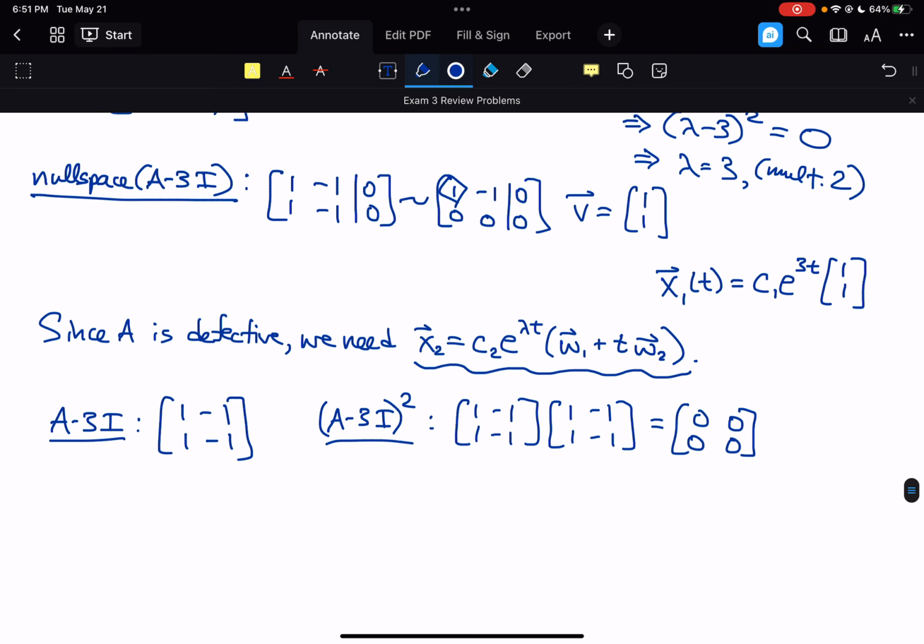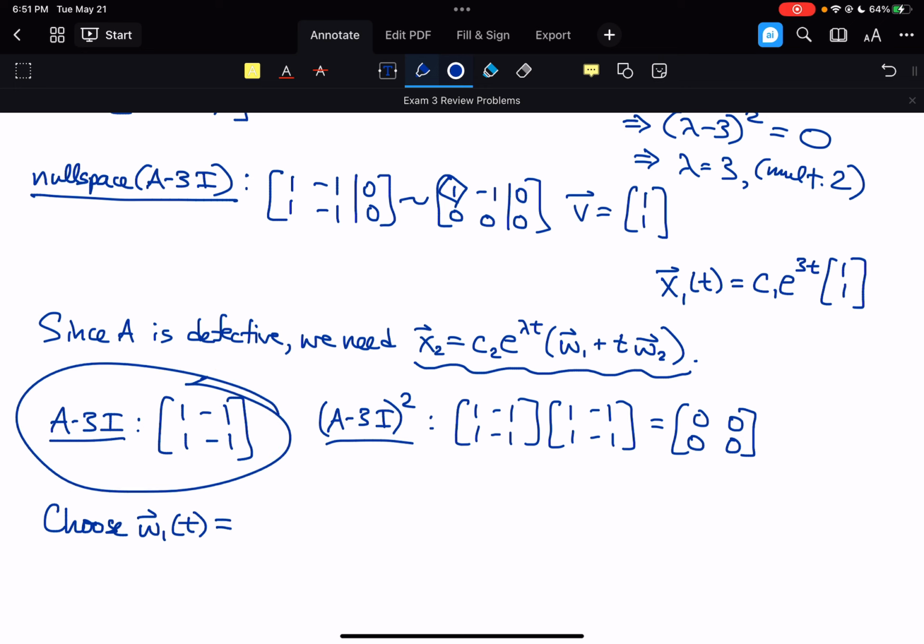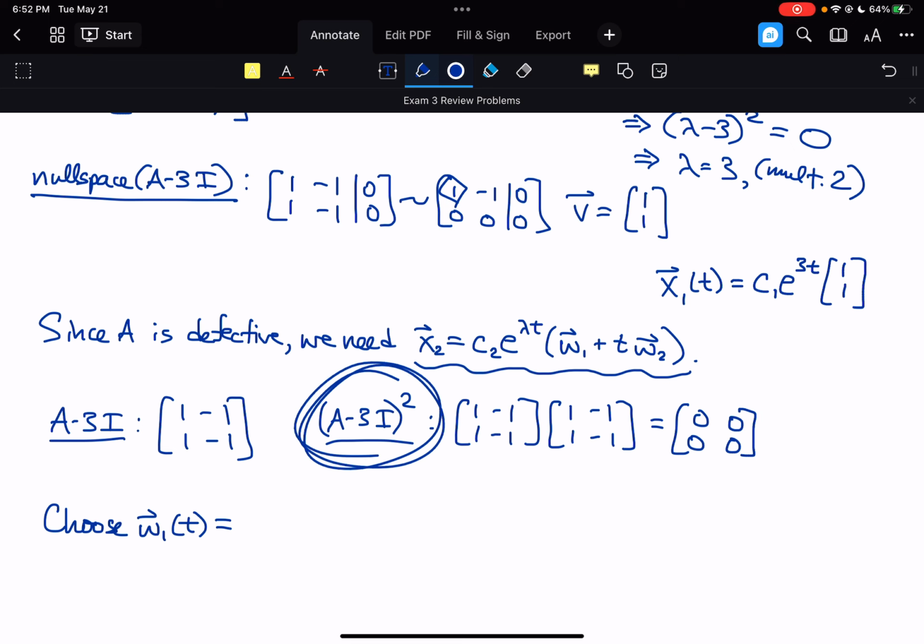So this is good, because we need to choose w1 of t so that when it gets multiplied by this matrix, it produces w2, which will be an eigenvector, so it should be some multiple of this vector. And when it's multiplied by this one, it produces the 0 vector. And this one is the 0 matrix, so that makes our choice a lot easier and a lot more kind of free. So we'll go ahead and use 1, 0 for w1.